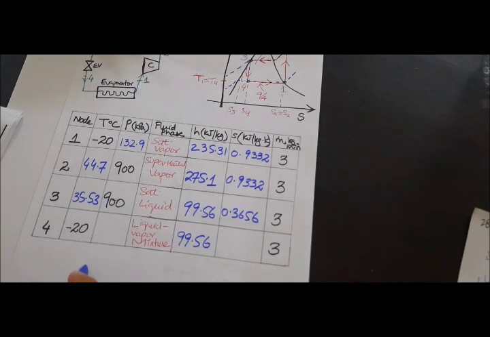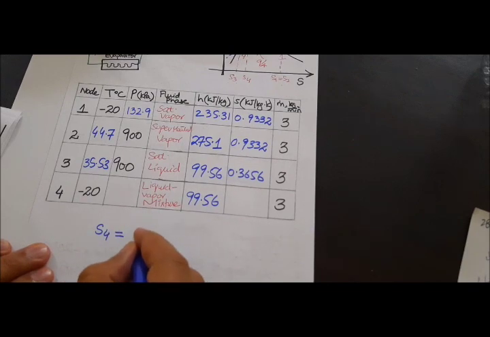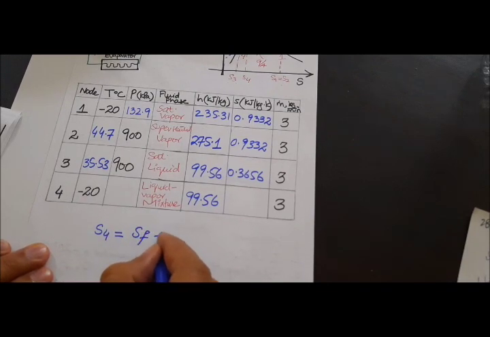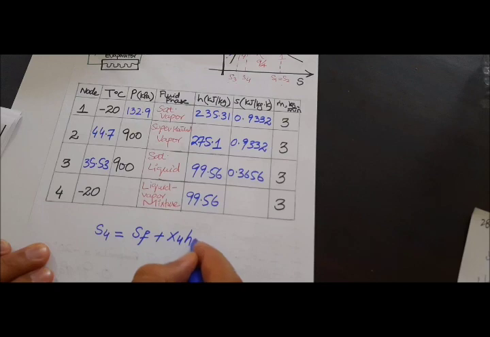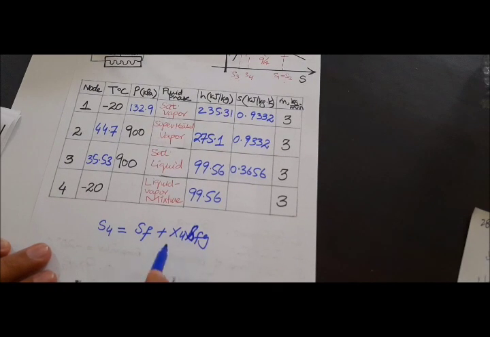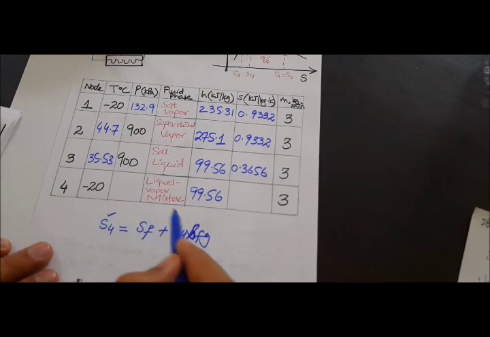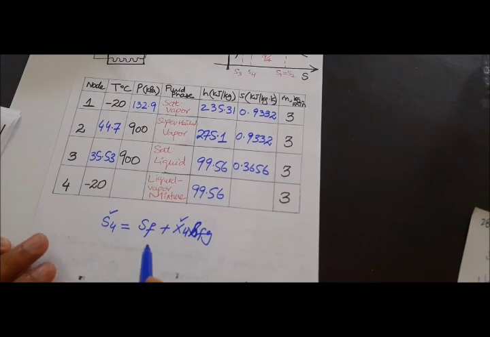So the entropy at 4 would be S4 is equal to SF plus X4 SFG. This is the formula. When it comes to the dryness fraction, we don't know S4, we know neither S4 nor X4.